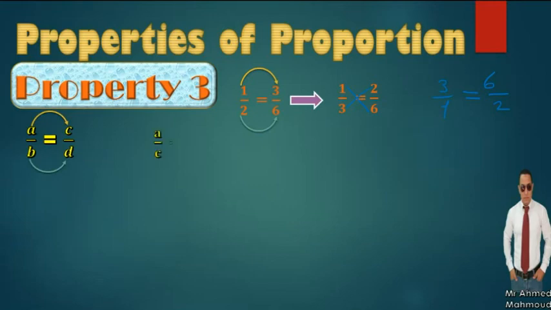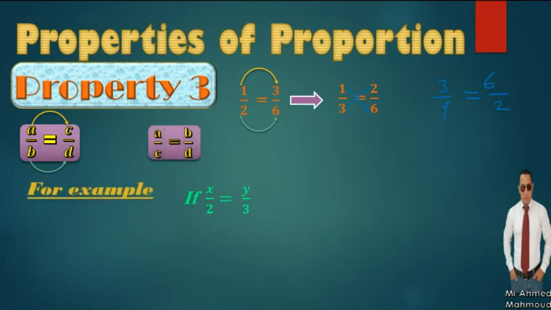Okay, like this. And this is the property. For example, if we have x over 2 equals y over 3, then x over y equals what? x over y equals 2 over 3. Okay.